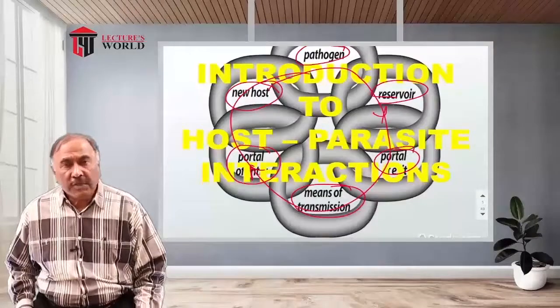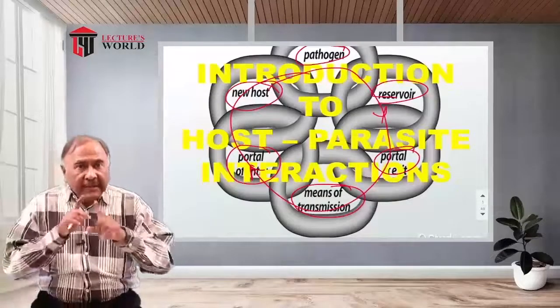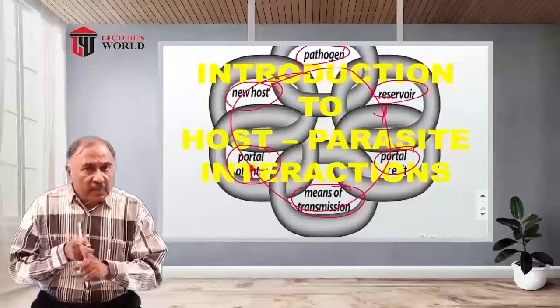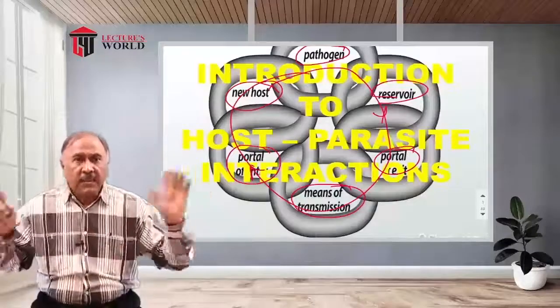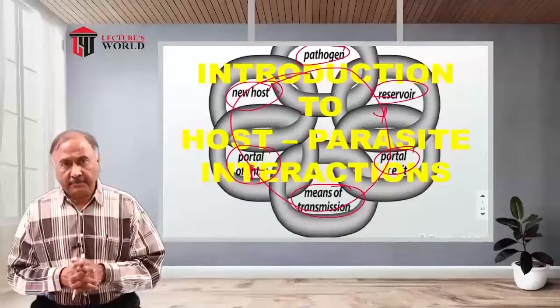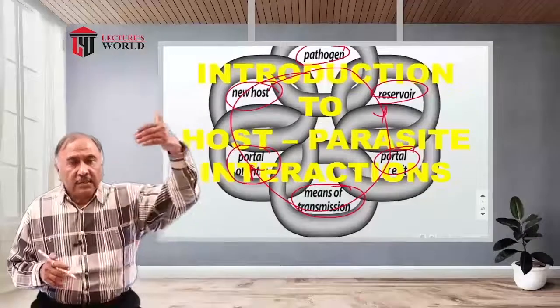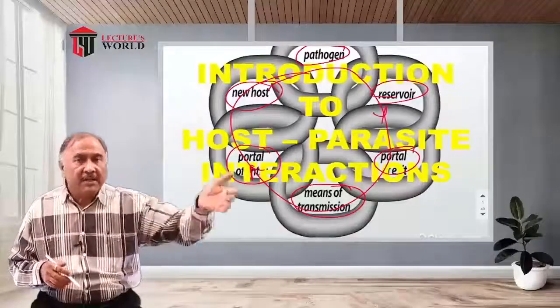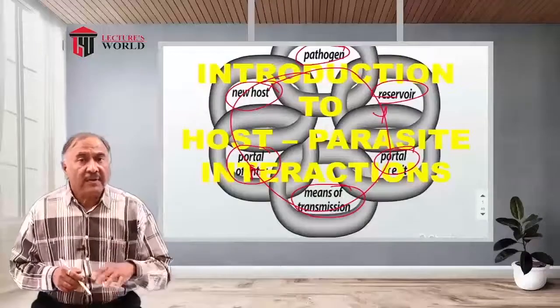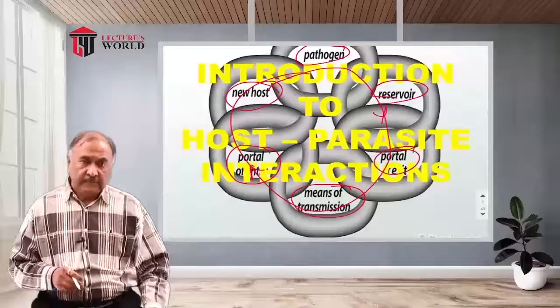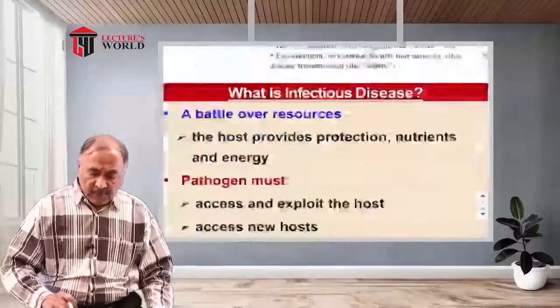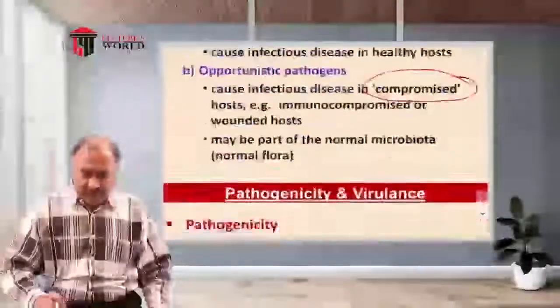And if we know the details, then we can break that chain. And once the chain is broken, the transmission may be stopped. Transmission from the sick to the healthy individuals can be arrested. It can be stopped. So this is what we call the infectious chain.